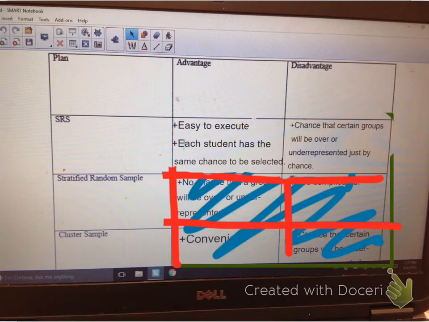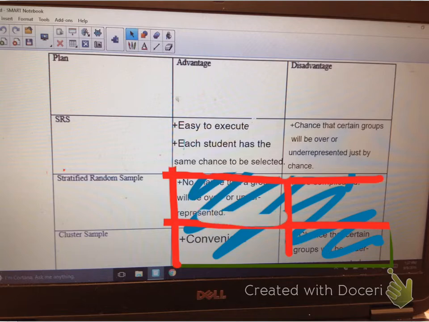Remember, we talked about in the Hunger Games example that there's a chance I could have pulled 2 boys out from the hat if all of our names were there. And they didn't want that for the Hunger Games. They want a girl and a boy. How did they ensure that? They did a stratified random sample. So that's the disadvantage of an SRS: you may have every student's name in the bucket, but what if you get all seniors? You want to represent the entire school.